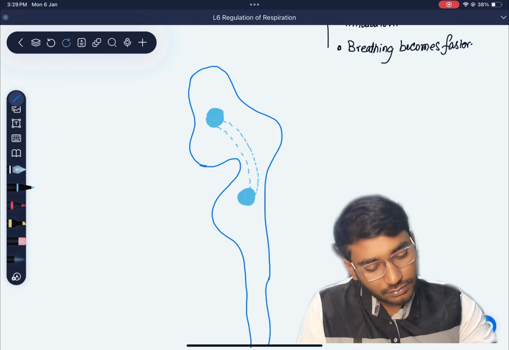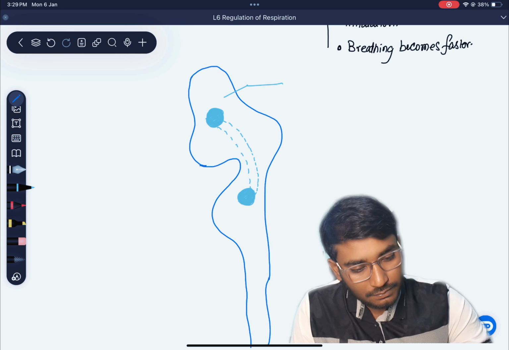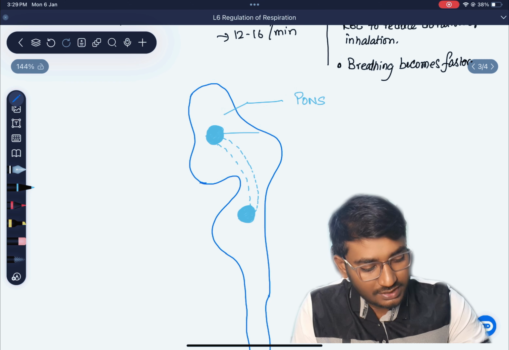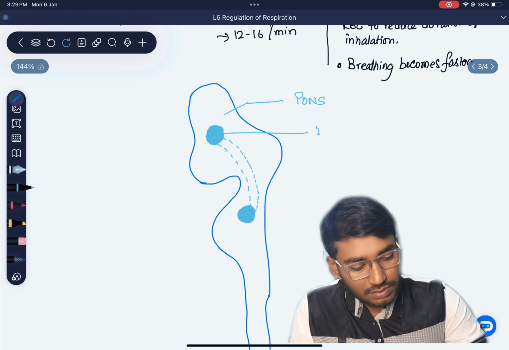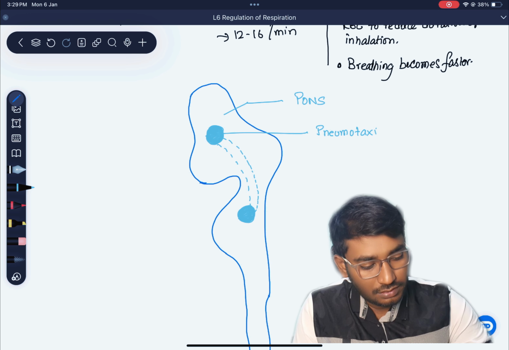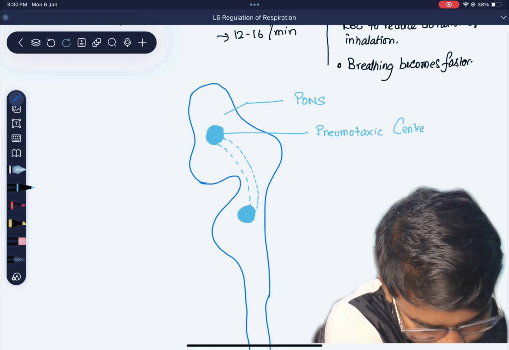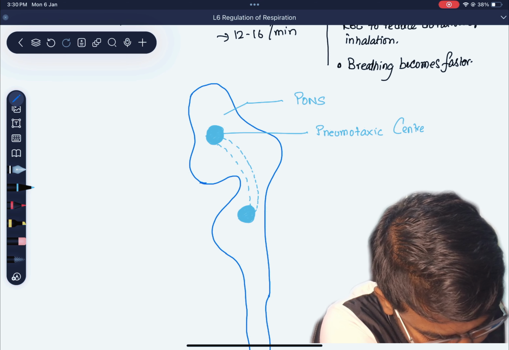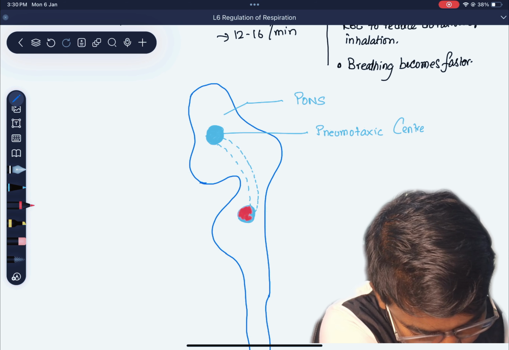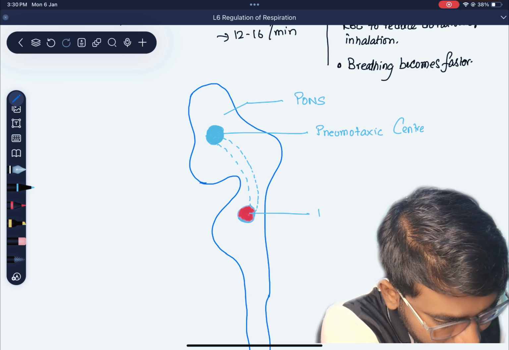Now in case of pons, the pneumotaxic center, this is the RBC. Okay.